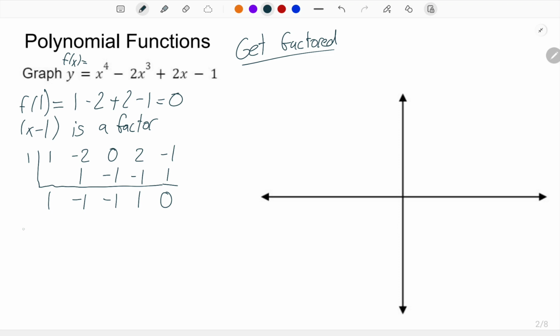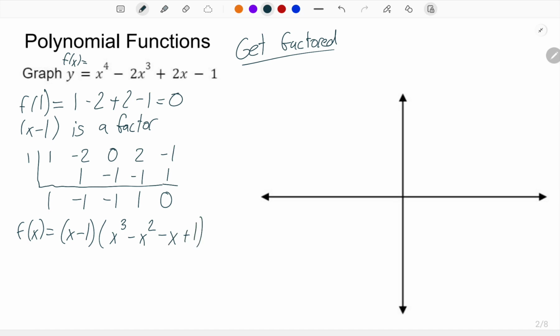And so then this tells us that f of x is going to be x minus 1, x cubed minus x squared minus x plus 1.